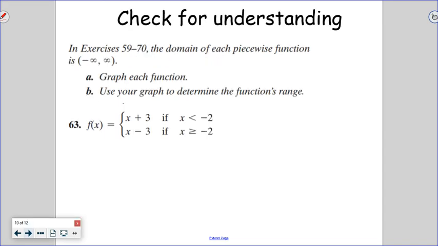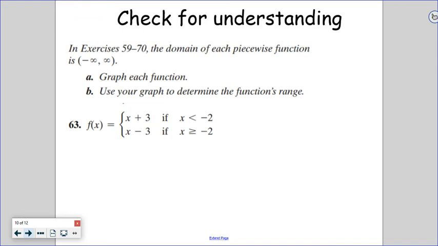Okay, graphing this one. I'll give you some time to graph this one. Just graph it on a graph.